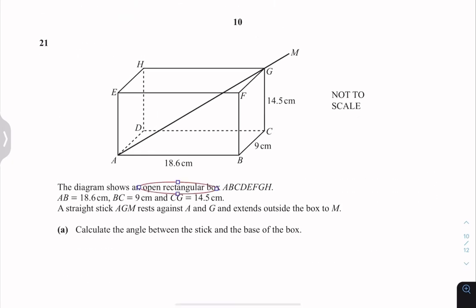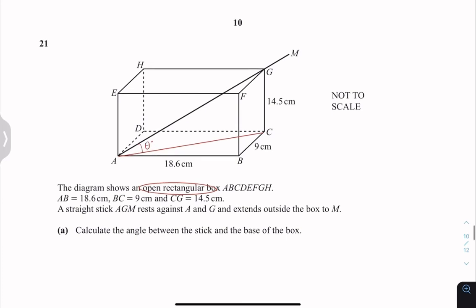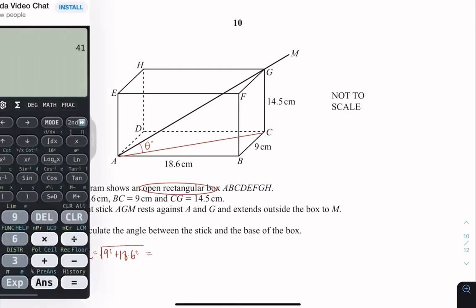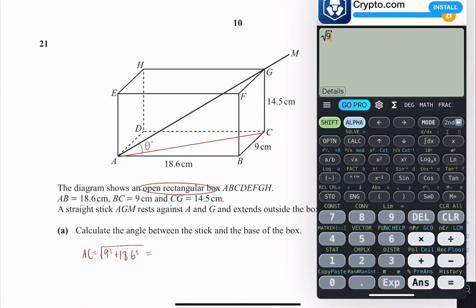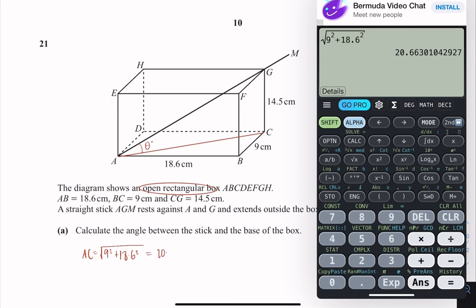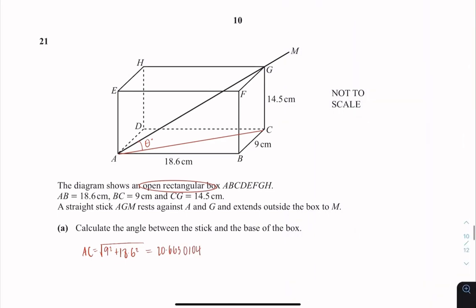Alright, next question. We need to find this angle. AC is the square root of 9 squared plus 18.6 squared, which is Pythagoras. That's giving me 20.663104.